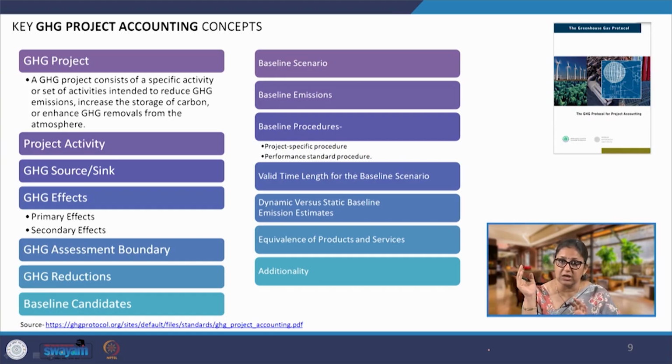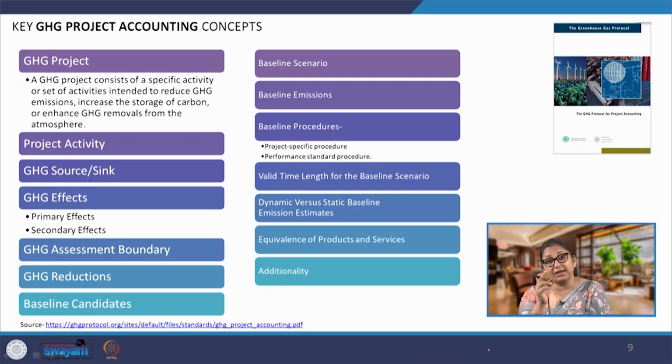Now, this is acting as a sink, but if the project activity does not include Miyawaki as the proposed activity, the impact will not be accounted because it will remain constant in both the baseline and the reporting year. So, all that is acting as a source or a sink of GHG emissions has to be identified here.